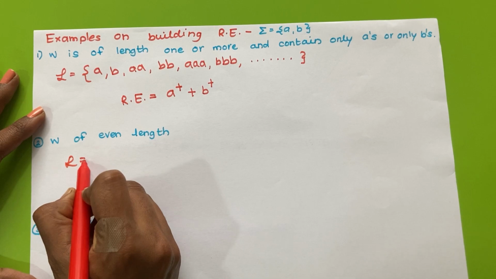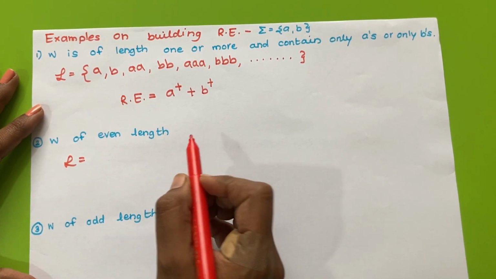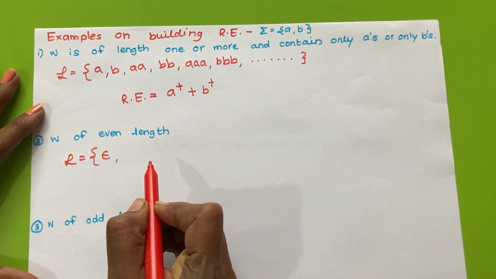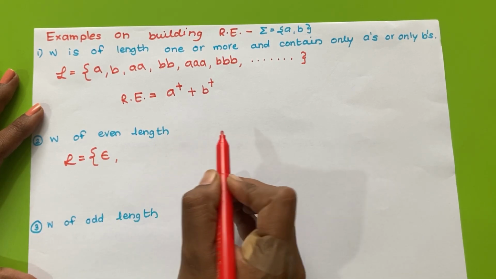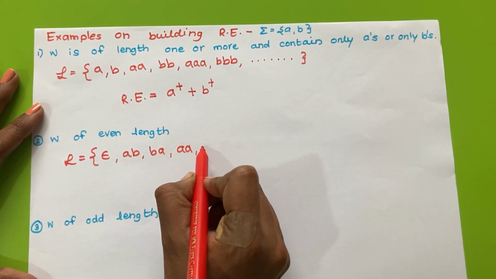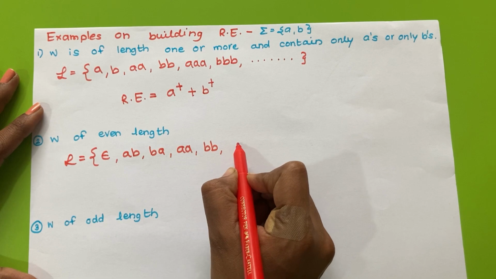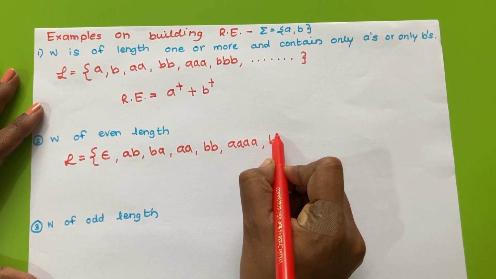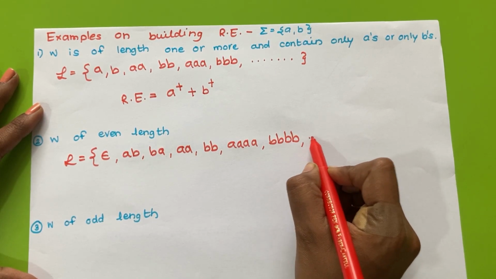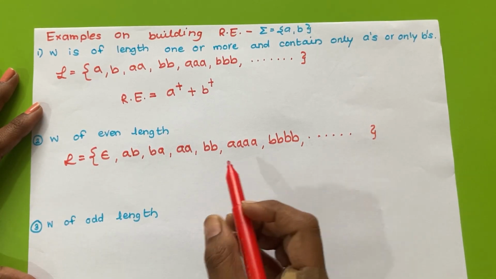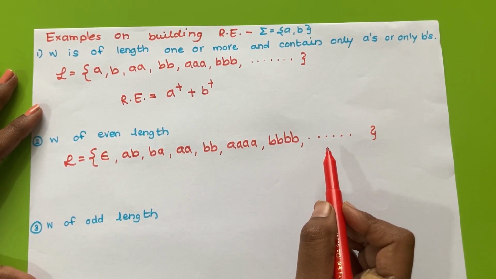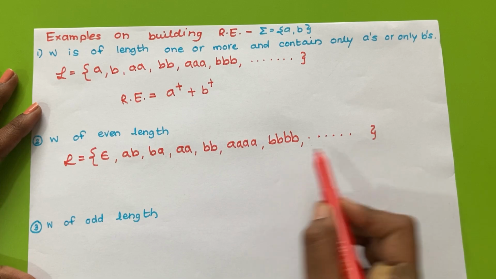First we will write the set L: W of even length, and again sigma is A comma B. The smallest string will be empty, then strings made up of A as well as B. The string can be AB or BA or AA or BB, or next AAAA, BBBB, or length-4 combinations of A and B, and it will go on repeating. So all the strings have even length, and all of that will be considered in set L.